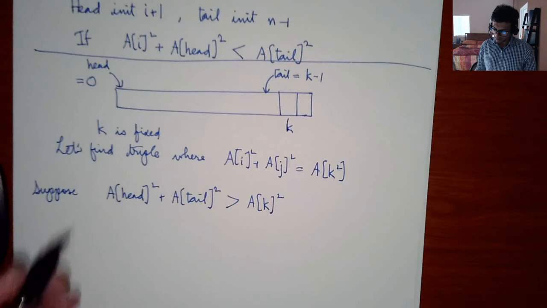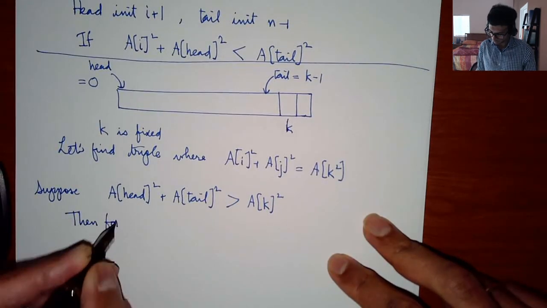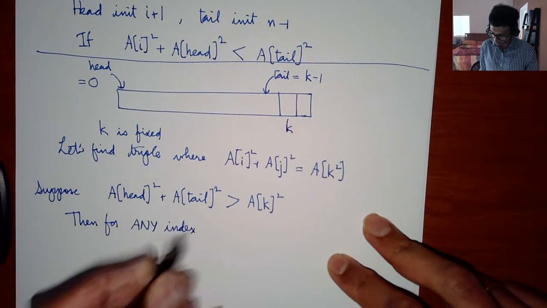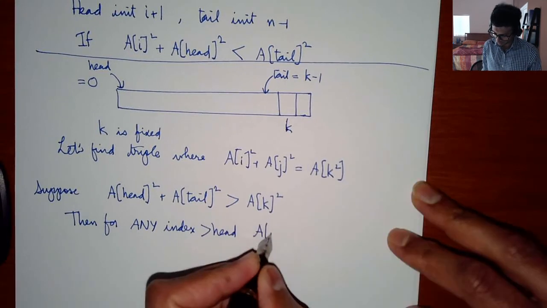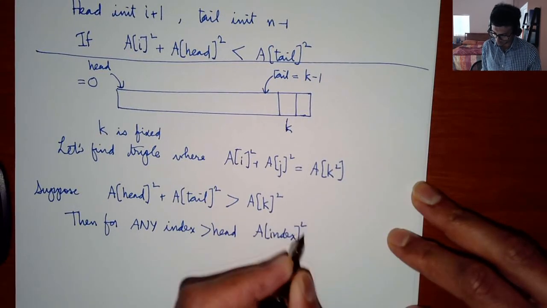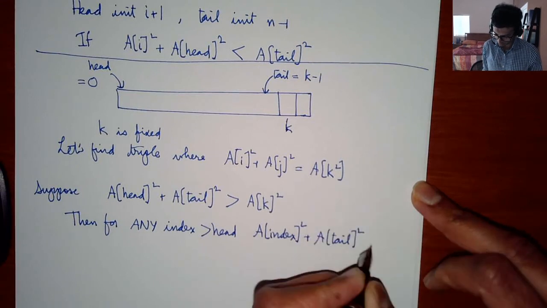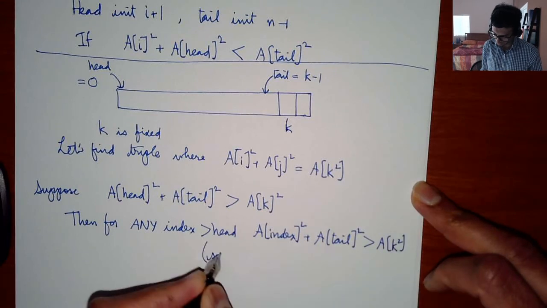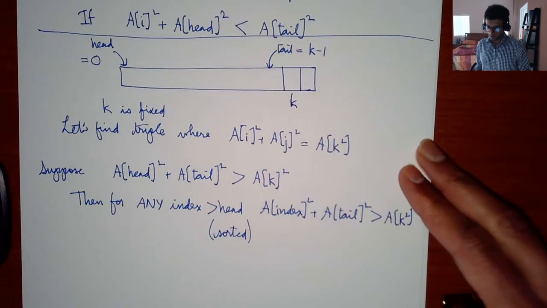Then you know that for any index greater than head, A of index squared plus A of tail squared is also going to be greater than A of k squared. This is because it's sorted. So this is the logic.